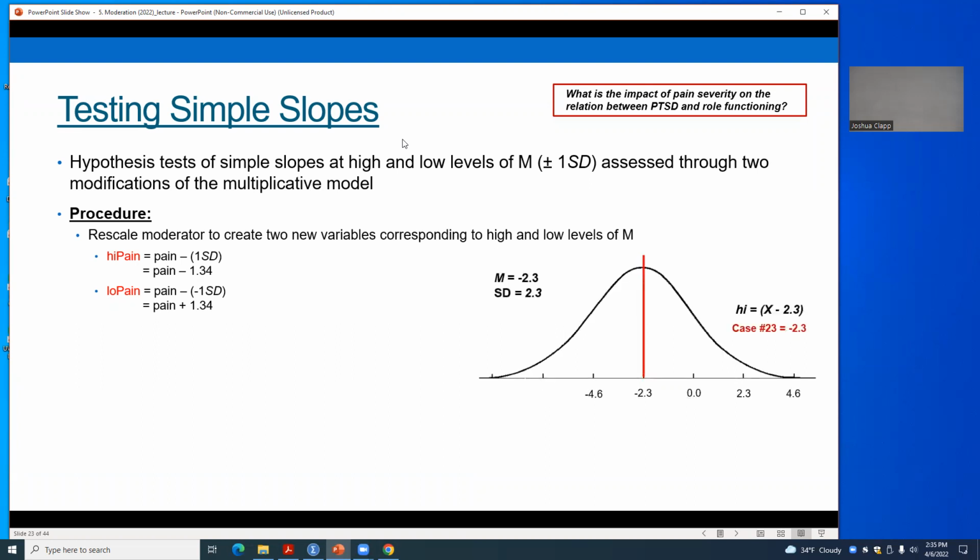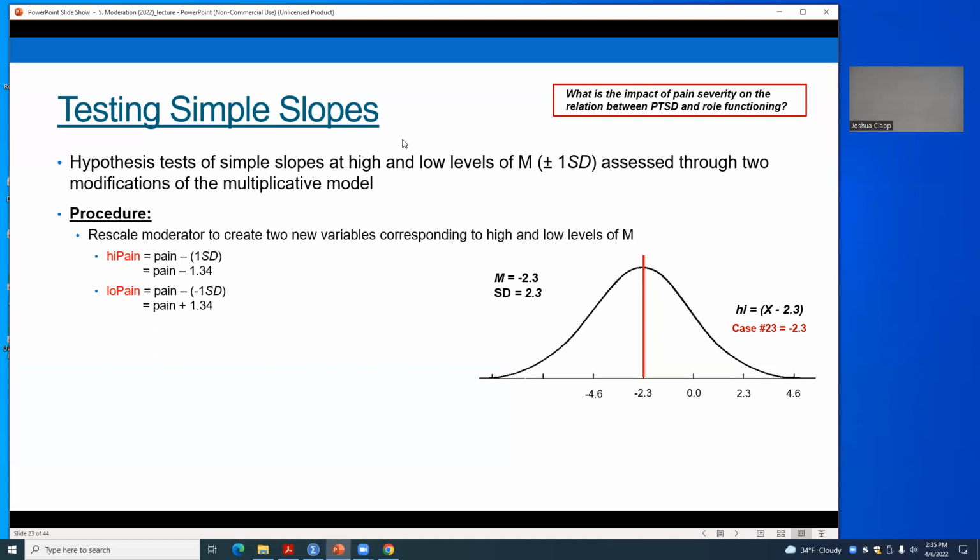What happens is that my score, which was 0 because I was at the mean, now has a standard deviation subtracted from it. So my new score is negative 2.3, okay? If I look at where my score falls on the distribution, I'm still at the mean, right? Because I'm at the mean of the distribution.